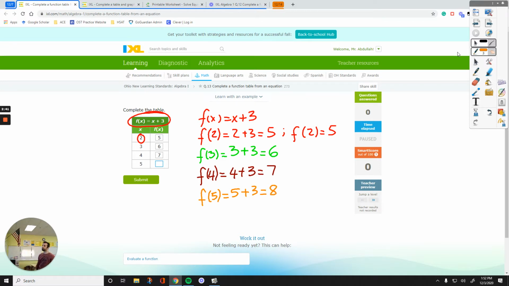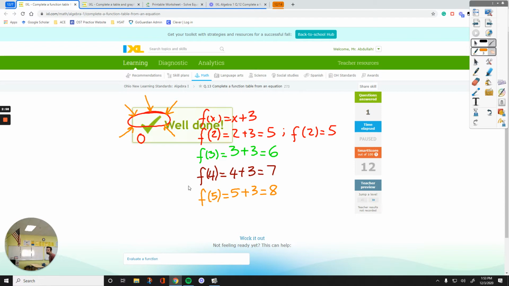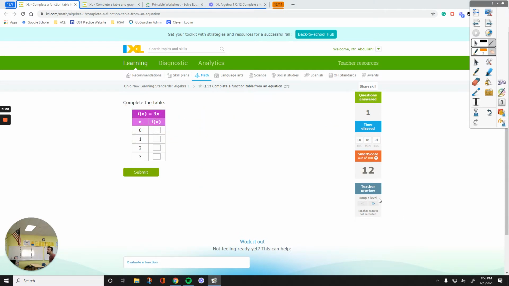I keep rewriting that function, okay? f of x equals x plus 3. The x's become those numbers, 2, 3, 4, 5, and then the answer for the last one is going to be 8, okay? So let's submit this and move on to the next level, because this is the same thing.